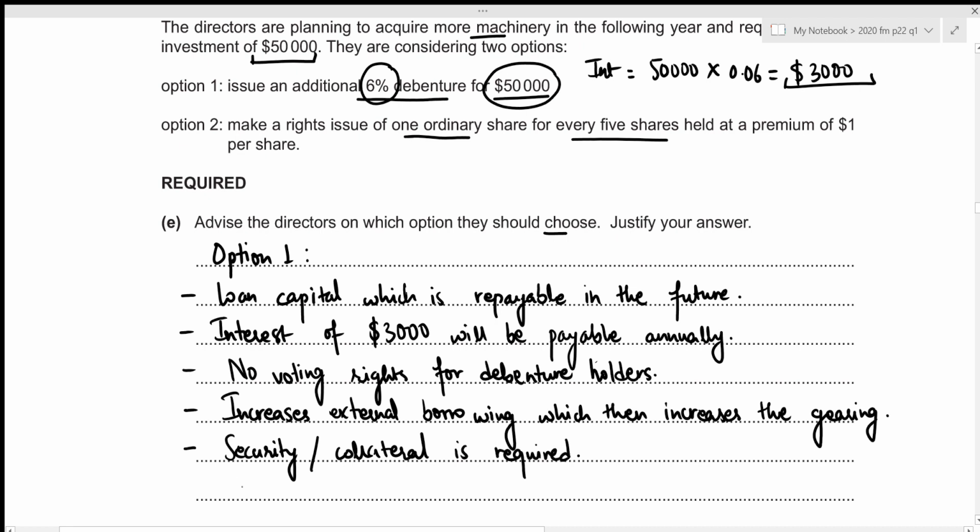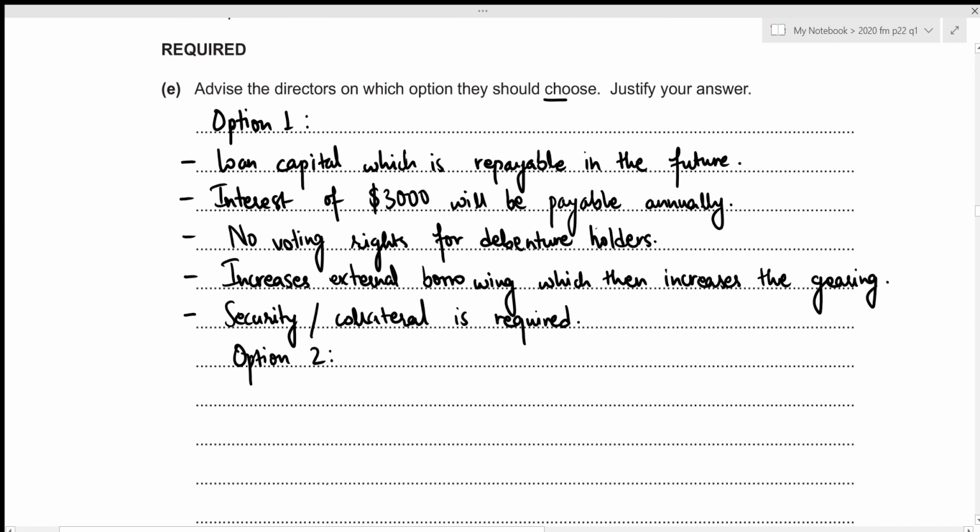Now let's talk about option 2. Option 2 deals with rights issue. And these rights issue will give rise to ordinary shares, which are permanent capital. And these are not repayable. Let's write it down. Permanent capital, which are non-repayable in nature.